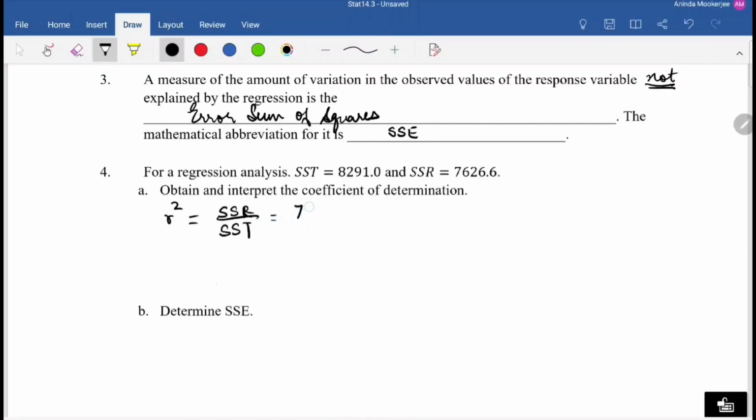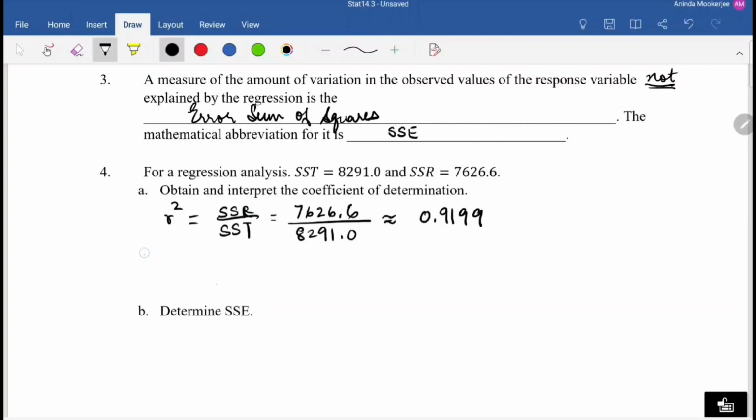So SSR is 7626.6 and SST is 8291.0. It's going to give us an approximate ratio of 0.9199. All right, and then it says interpret.